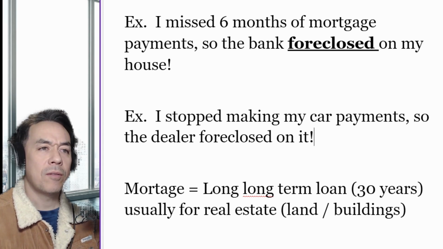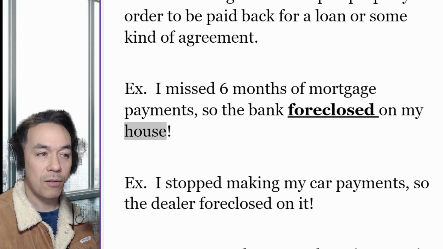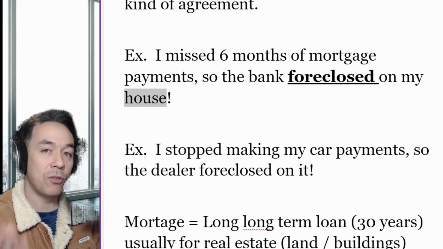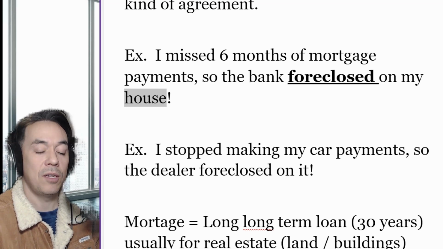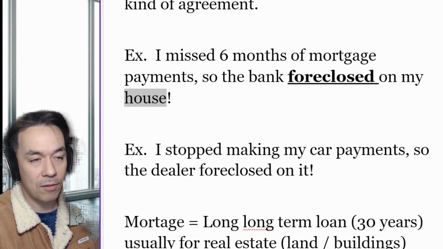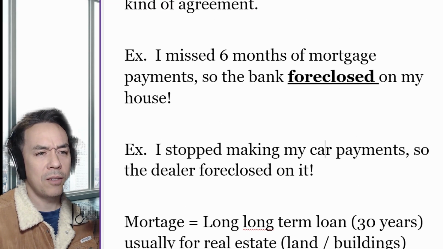And so that's a funny thing. Usually foreclosed, I'm going to say, usually talks about a house or some kind of building, but I'm pretty sure it's any kind of property that has your name on it. This is mine. I've got receipts. I've got title. That's another term on it.